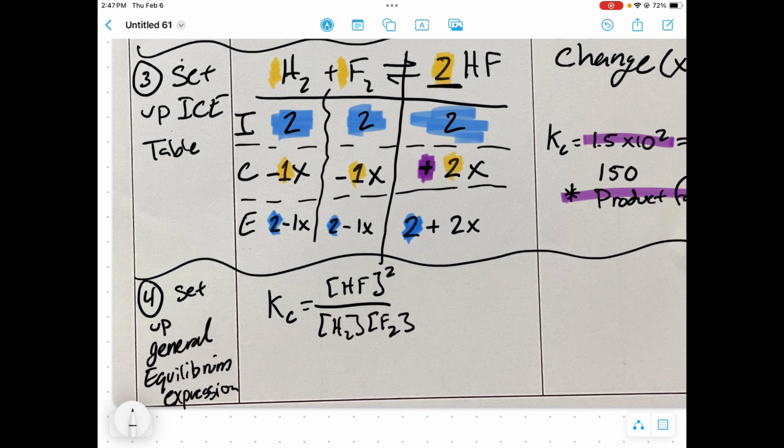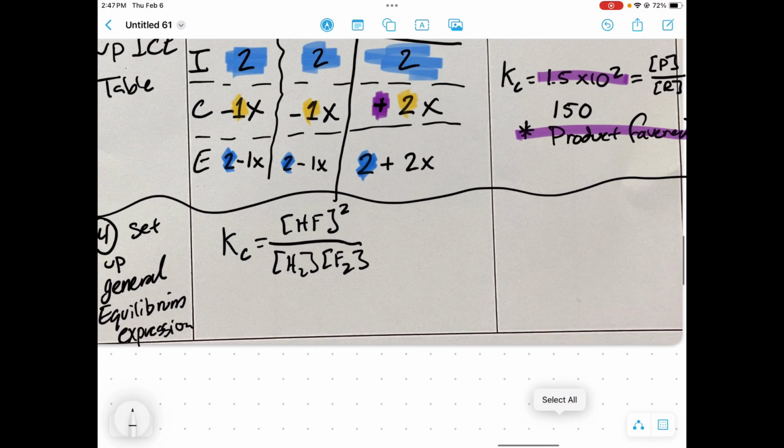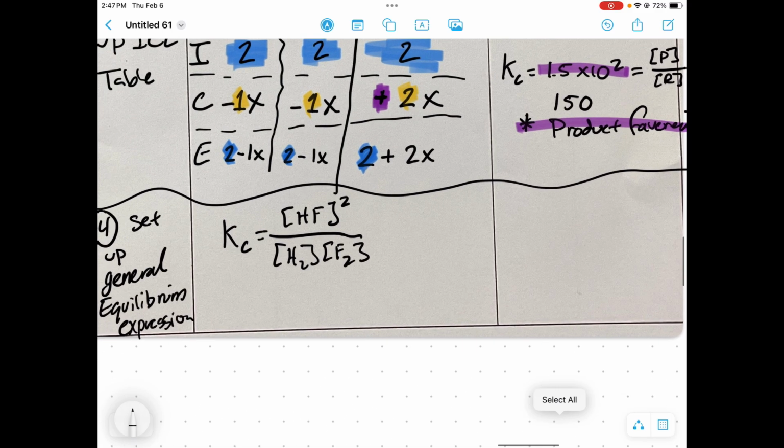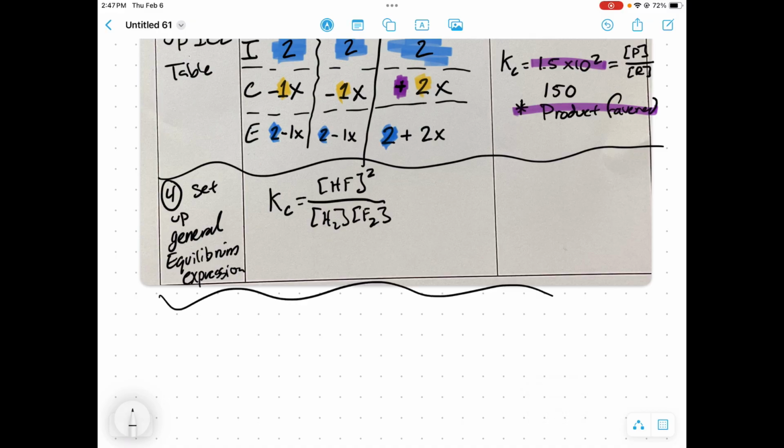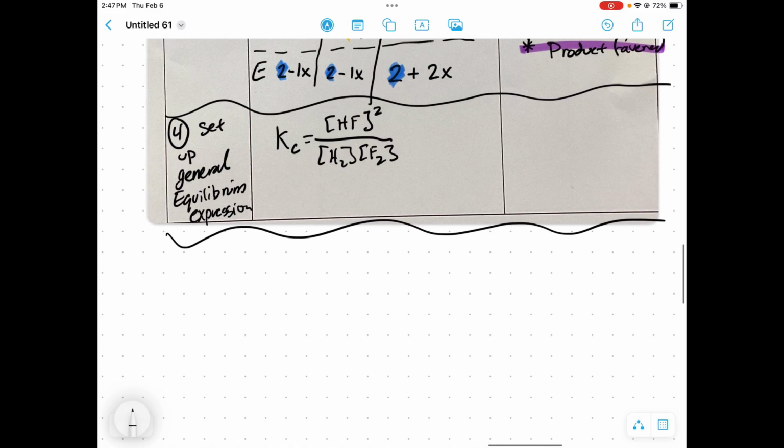So I'm going to square this product part. Now from here, what I can do is start plugging in some variables. So we're going to call this step number 5. Oh, and big idea here, general equilibrium expression is just your products over your reactants.